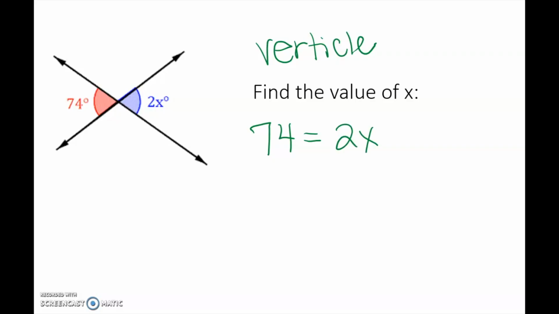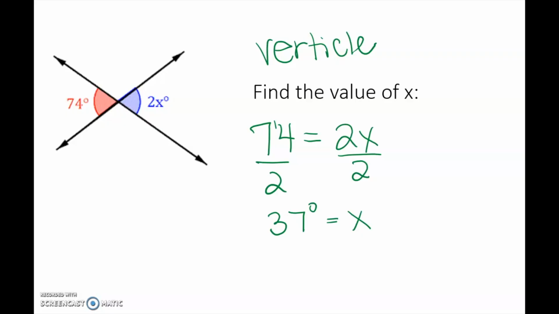Now we have a one-step equation that we can solve. We solve this by dividing both sides by 2. 2 goes into 7 3 times with 1 left over, 2 goes into 14 7 times. So x is 37 degrees.